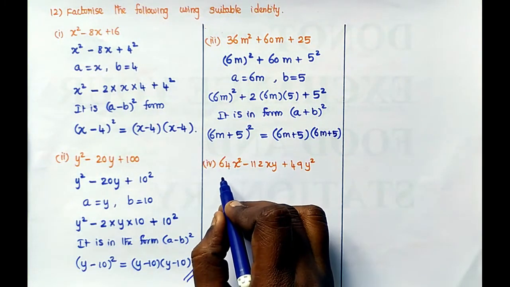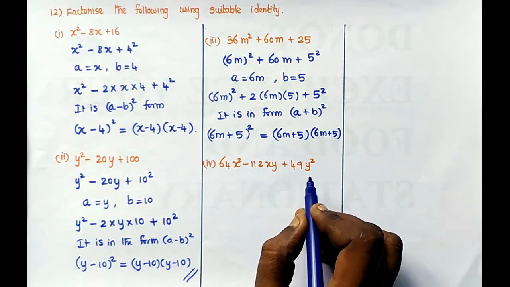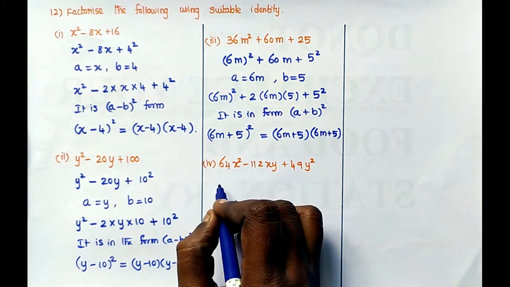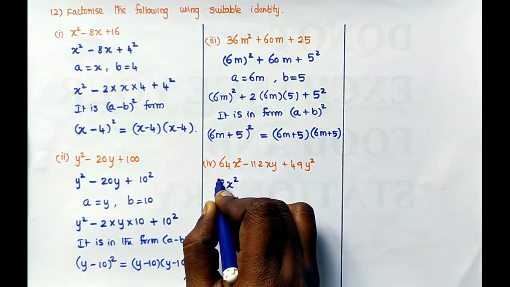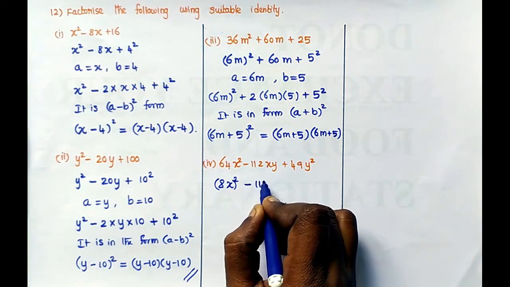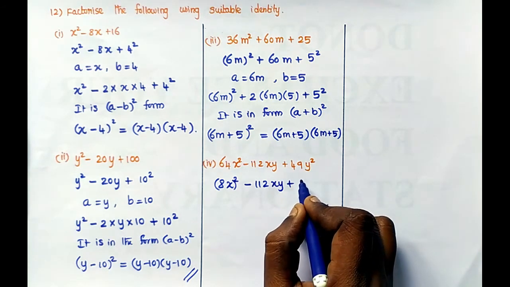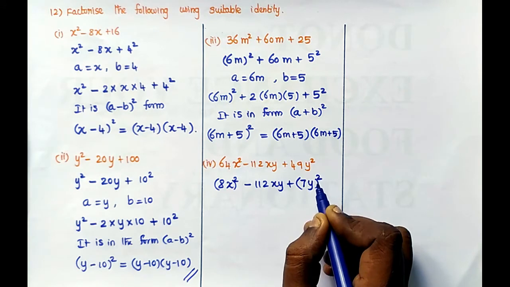Next one, 64x squared minus 112xy plus 49y squared. This one 64, what is the square root? That is 8. (8x) whole squared minus 112xy plus 49, that is 7 squared. Okay, so (7y) whole squared.